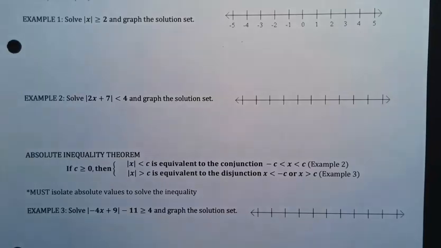It's greater than or equal to, but the fact that it's greater than is going to make it an or statement, because we know x is greater than or equal to 2 or x is less than or equal to negative 2.